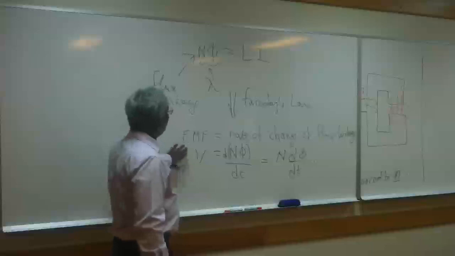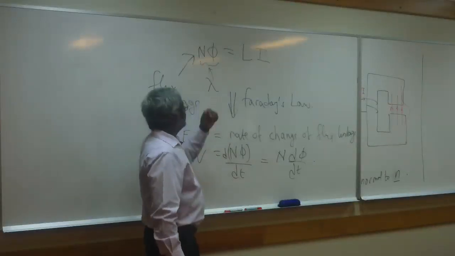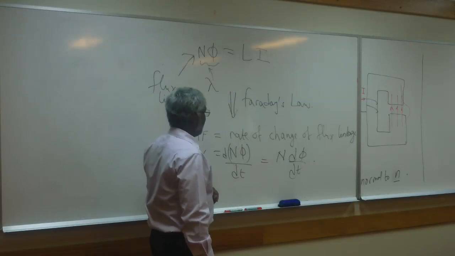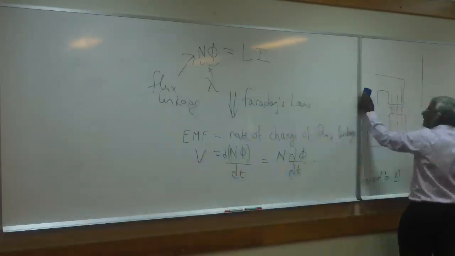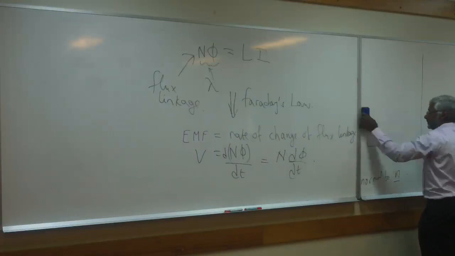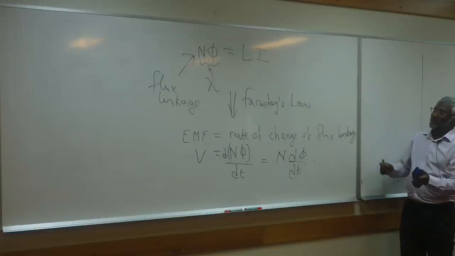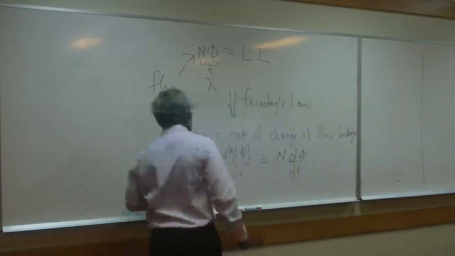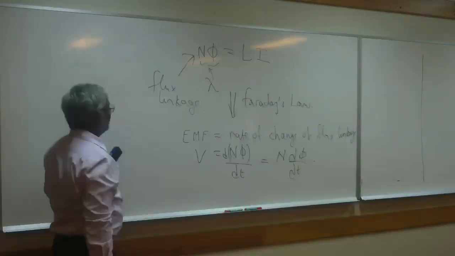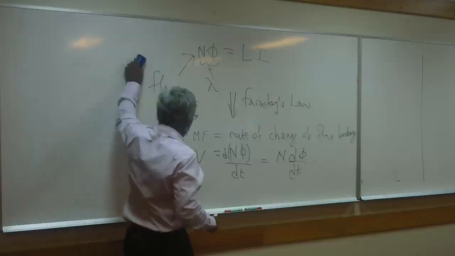Now, if you apply Faraday's law to this, which is our defining equation for inductance, then you get, so I'll probably rewrite this on the board and follow things from there. I've got 10 minutes, so I'll try and get to the final result there.